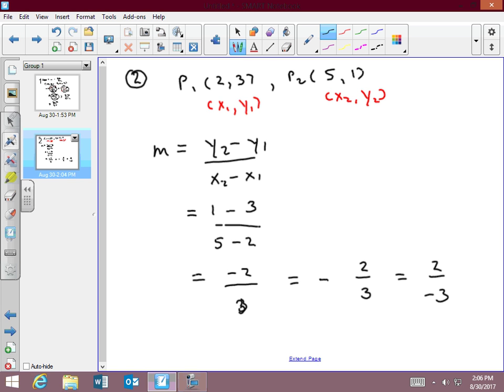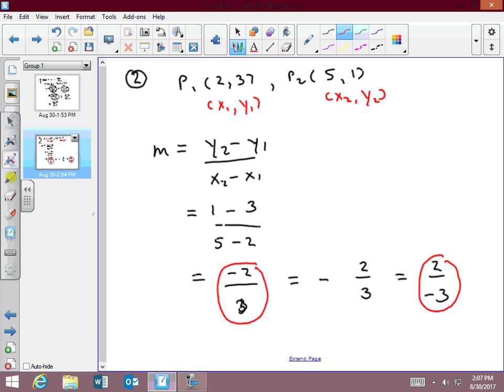Now, when you write it in this manner right here, that's saying you're going down 2 for every 3 you go to the right. When you write it this way, that's saying you're going up 2 for every 3 you go to the left.